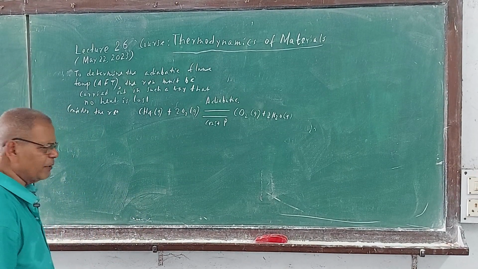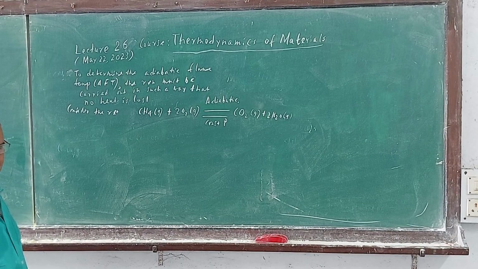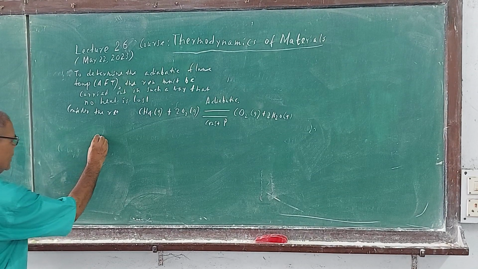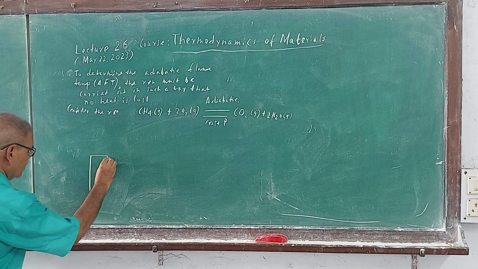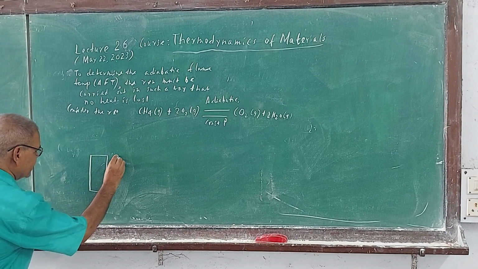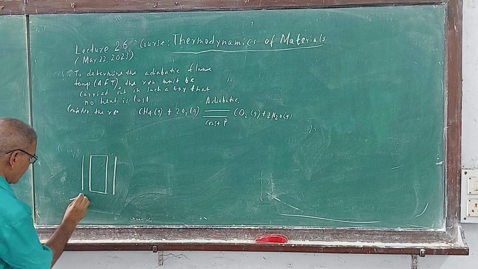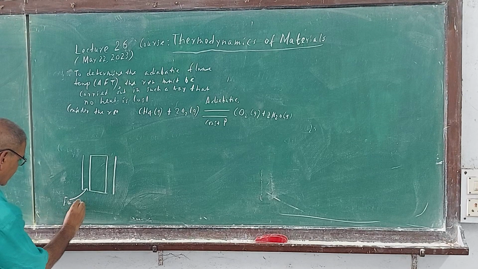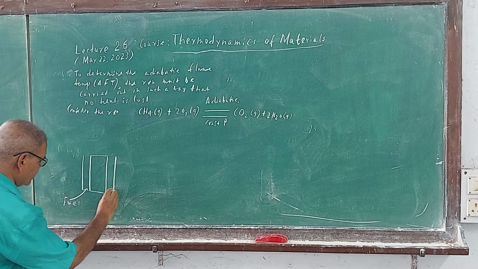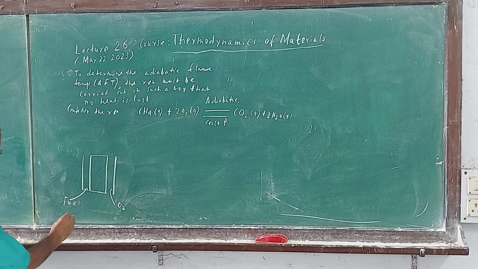So how to carry out this, I will show you. You have seen a Bunsen burner in high school, or the domestic stove will do also. I am carrying out this reaction. There are two channels in a Bunsen burner: one is the fuel, and another is the oxygen, meaning air.